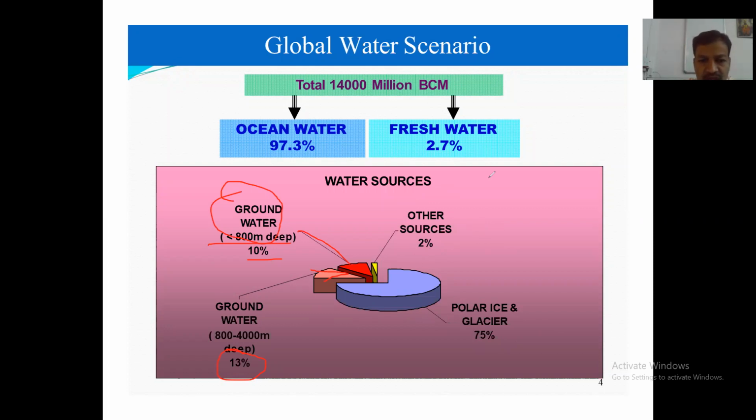This is the distribution. In this form, water is available in various sources: groundwater source, polar ice and glaciers, and other sources which are available on the surface of the ground, or which is stored water. Okay. So this is the global water scenario.